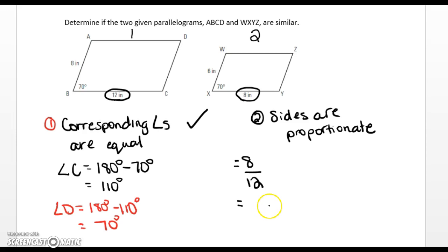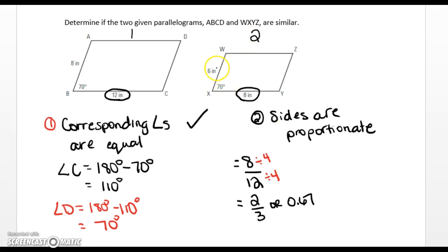And you could either leave that in a reduced fraction form. So you could divide both the top and the bottom by 4 to give you 2 over 3. You can also put that into decimal form, which would give you 0.67.